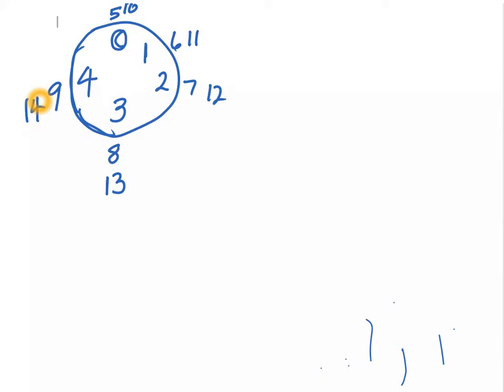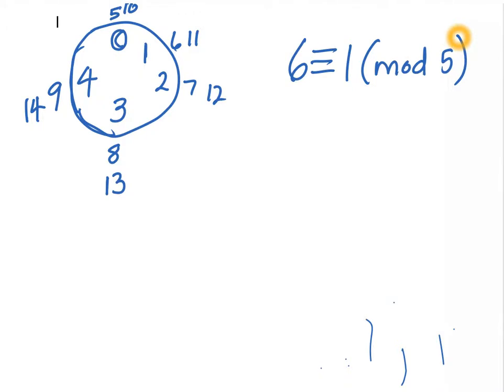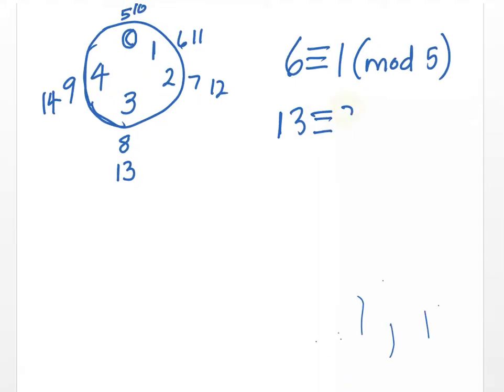So modulo 5, we're able to work some things out. For example, 6 is congruent to 1 modulo 5, or mod 5. That's because if you divide 6 by 5, you get a remainder of 1. So what about 13? You can see that on my clock. 13 is congruent to 3 modulo 5.